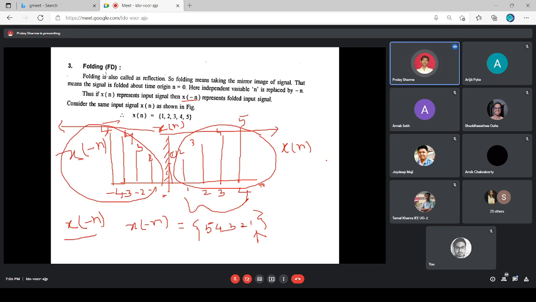This is the folded signal. Obviously, the original signal will be changed. If we consider the folded signal, the signal will be x[-n].